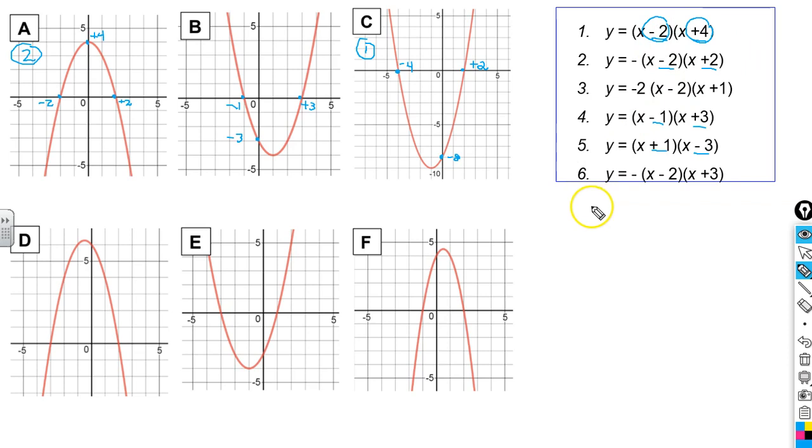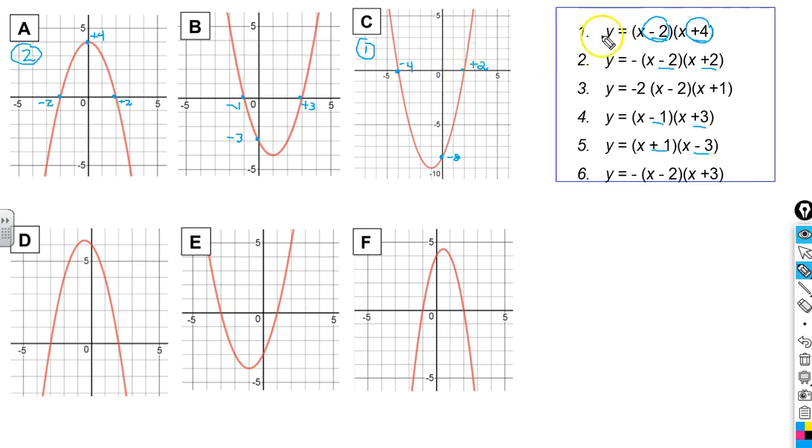And this is our zero product property, which we will also explore more in Unit 8. But basically what it's saying is that when we have an x-intercept, our y value is going to be 0.